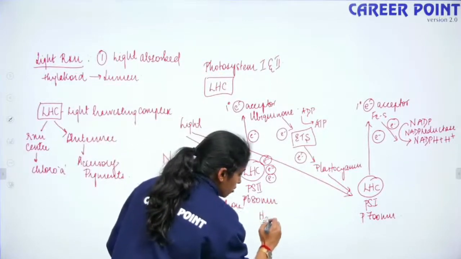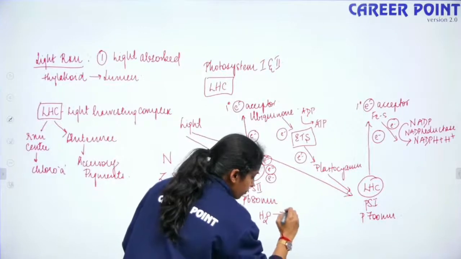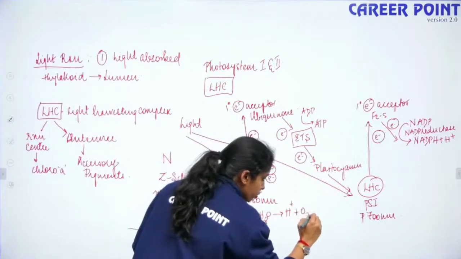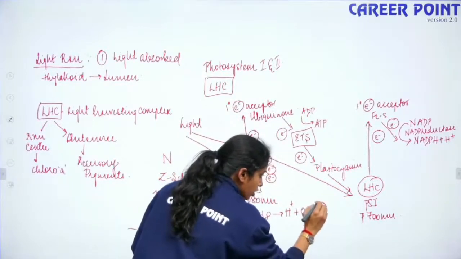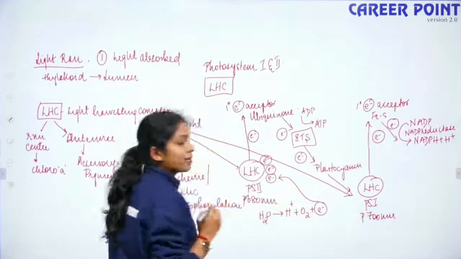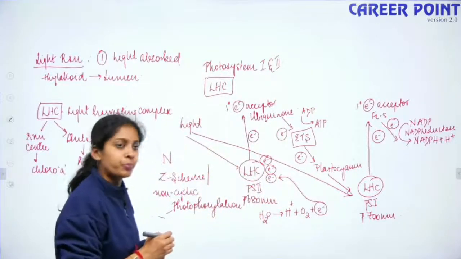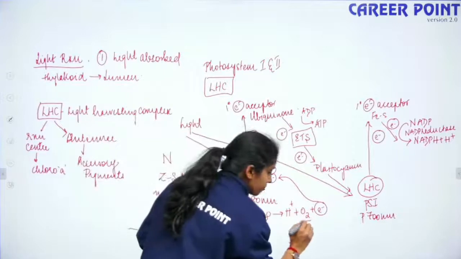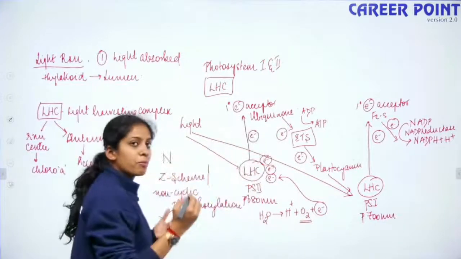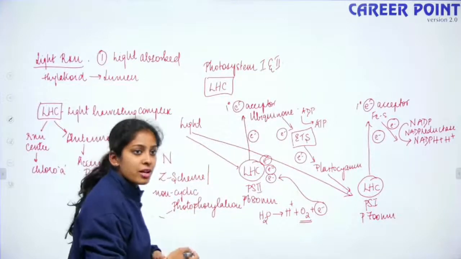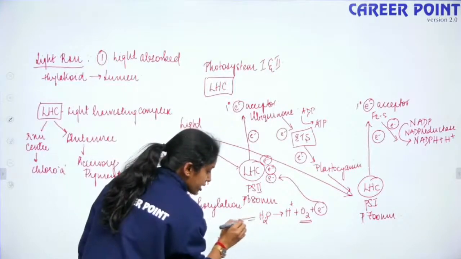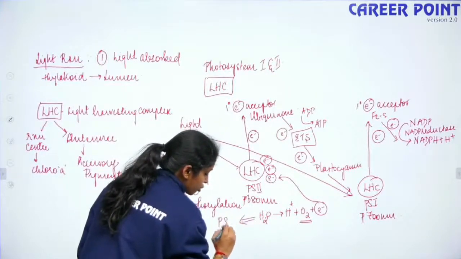Water molecules are split into H plus, O2 and electrons. These electrons replace the lost electrons here. The oxygen which comes from water is a byproduct of photosynthesis. Splitting of water is strictly associated with PS2.